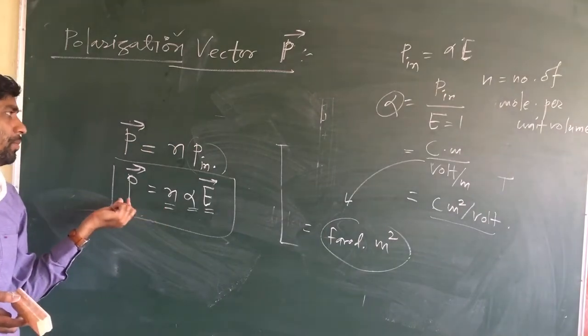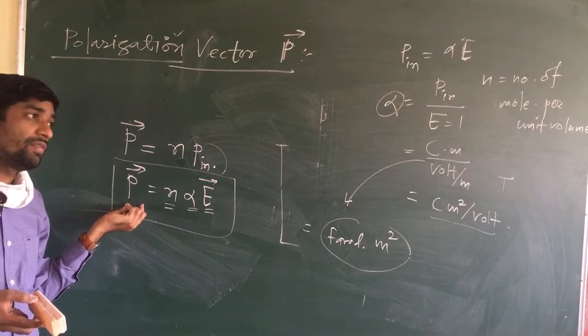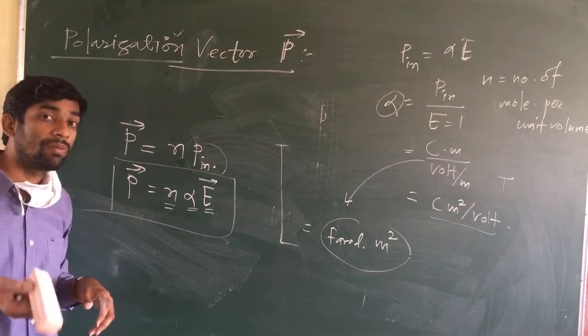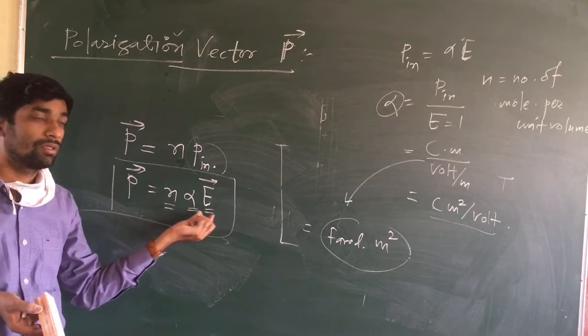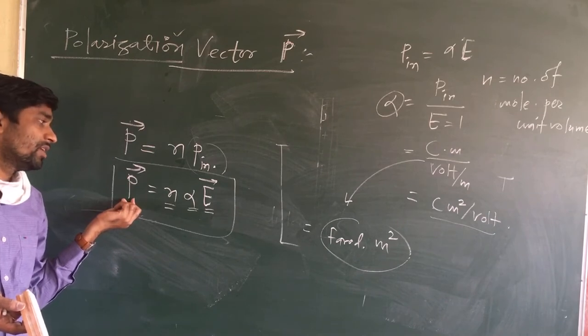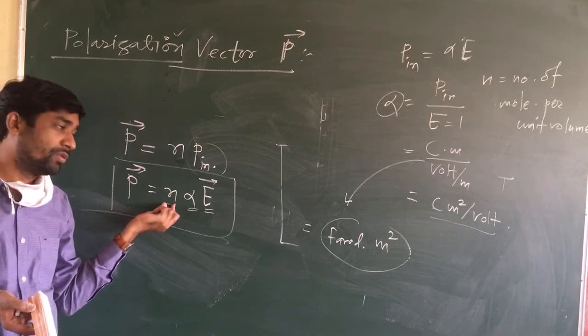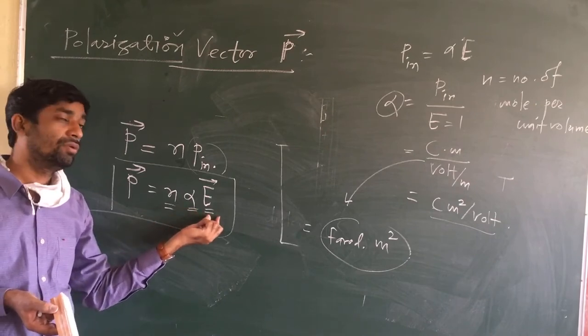If I have to find the polarization vector, I can write it in terms of the number of atoms per unit volume: n times alpha times E. That is the polarization vector equals the number of atoms per unit volume times the polarizability constant times the electric field.